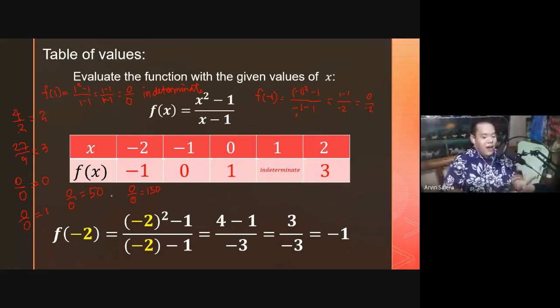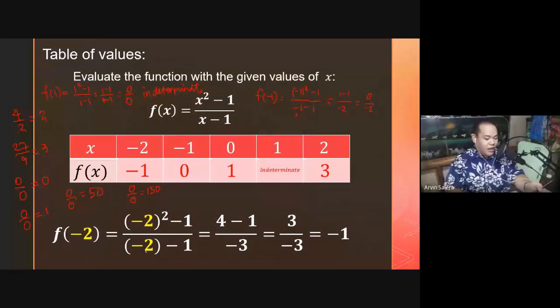So still correct. Therefore, any value we can write there is correct. It can be 0, 1, 50, 150, or 1 million. But which one is truly the answer? We cannot determine. That's why it's called indeterminate. It's called indeterminate because there are many possible values, so it cannot be defined. So we cannot determine. Okay.